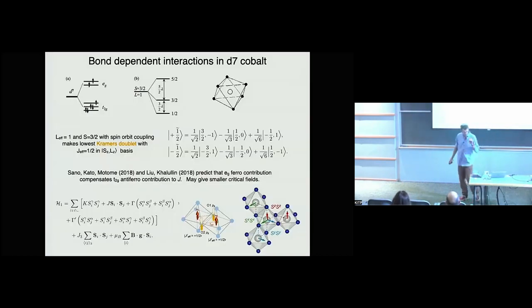Okay, so I'm just going to say this very briefly because I think this is review to everybody here in the room. The main focus in this field of KITP quantum spin liquids has been on d5 pseudo-spin-1/2 ions, in the context of things like ruthenates and iridates.